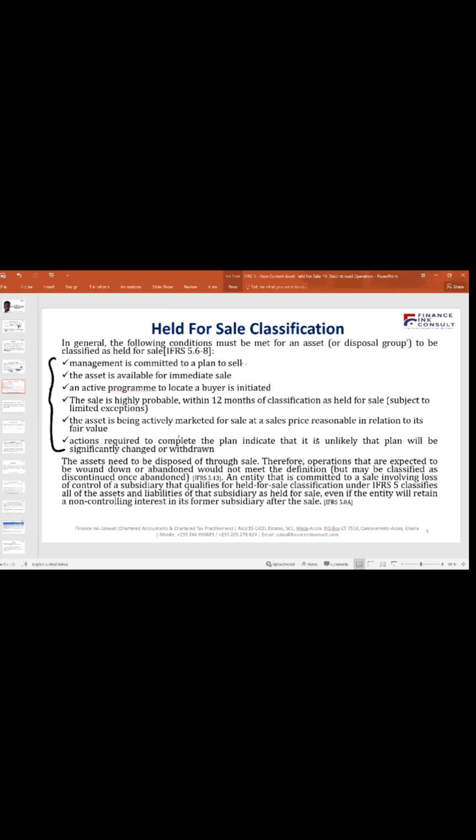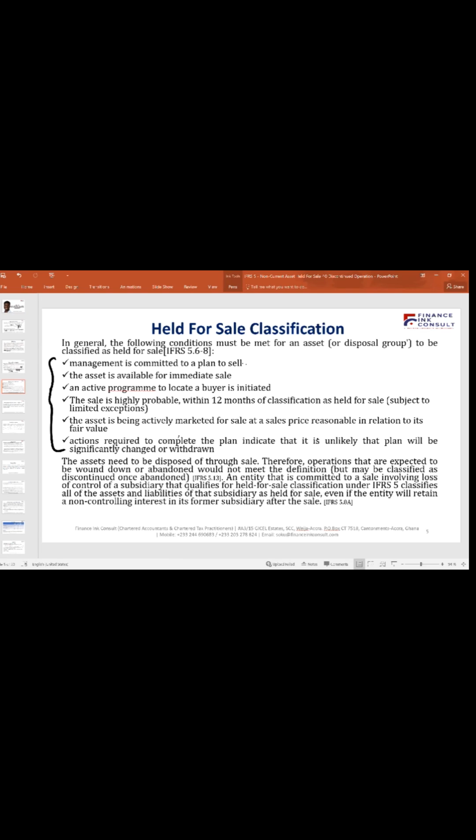Okay. So sometimes management would like to play some tricks. They would intentionally classify the assets as held for sale so that they will not depreciate their assets. And if they don't depreciate it, their balance sheet will look nice, huge figures. And sometimes when it comes to business valuation, they use the balance sheet method. So if they use the balance sheet method, it means the business is valued at a very high value.